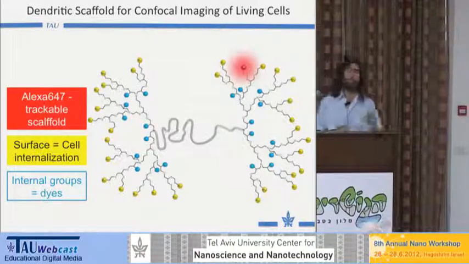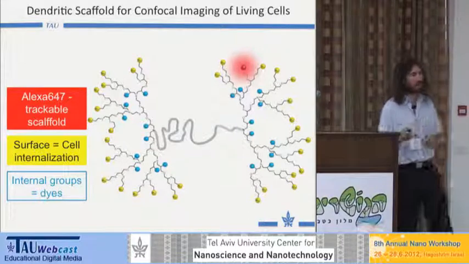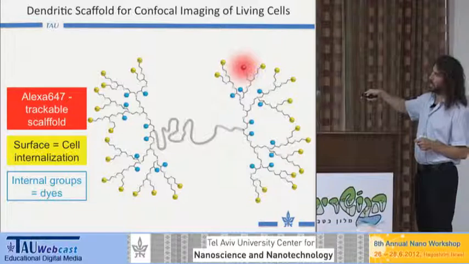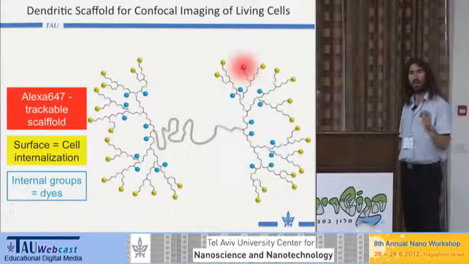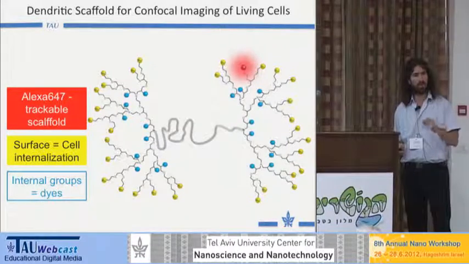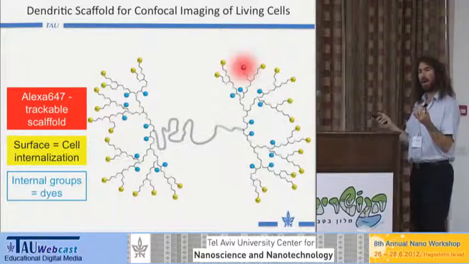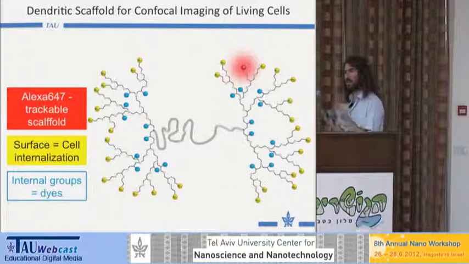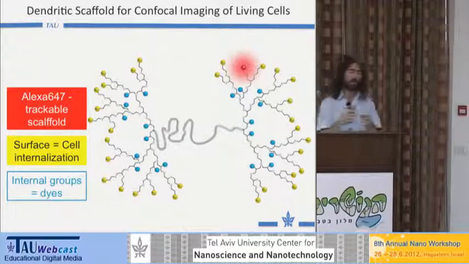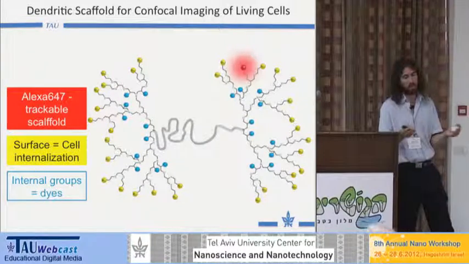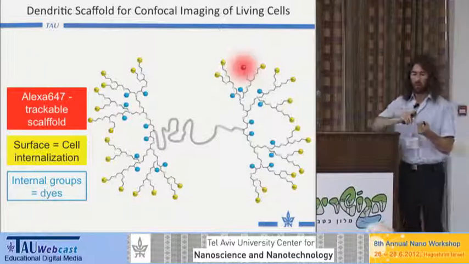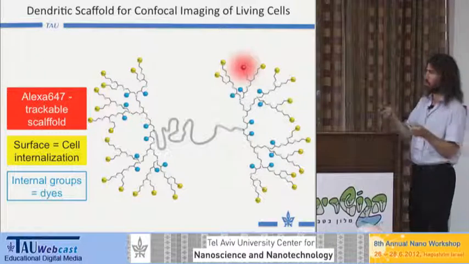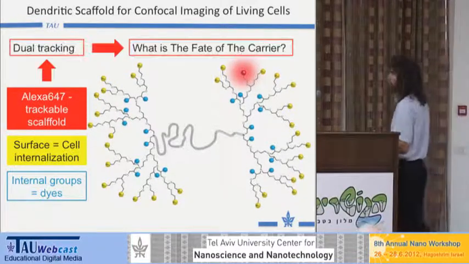We decided to take advantage of this orthogonality and decorate one of the amines with another dye, in this case an Alexa 647, a near-IR dye, bound through a non-cleavable bond to the dendrimer. And this would allow us to have dual tracking. Now we can look not only at our payload, but also at the dendrimer itself, and this should hopefully enable us to tell where the dye is being released and also what happens to the dendrimer after it releases its cargo. What's the fate of the dendrimer?